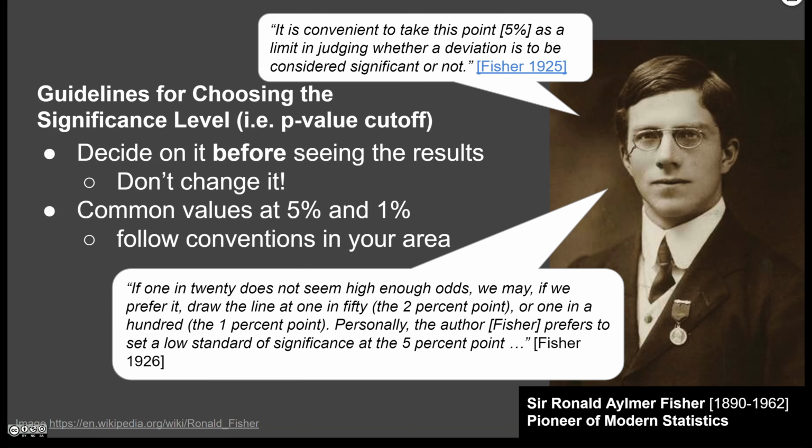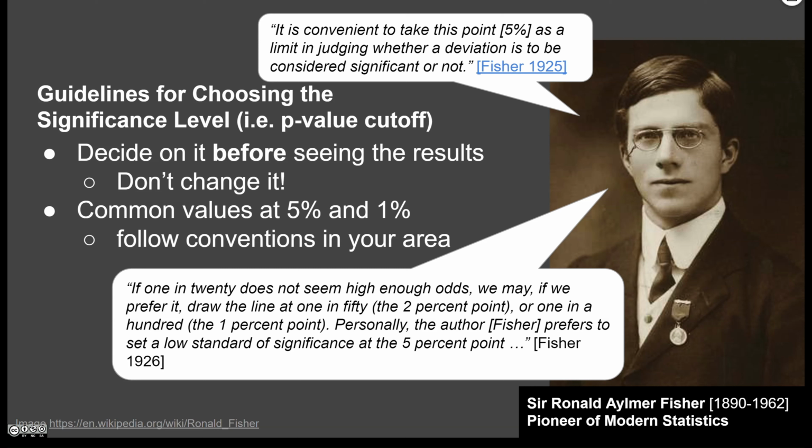And if that doesn't seem like high enough odds, you can cut it down even further. You could look at 2% or 1%. I highlight this because historically, we took these gold standards of 5% and 1% and just ran with them.